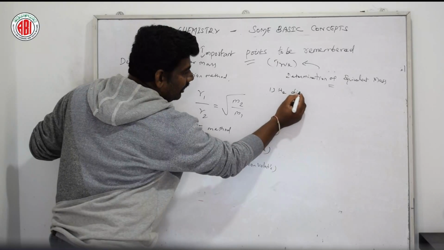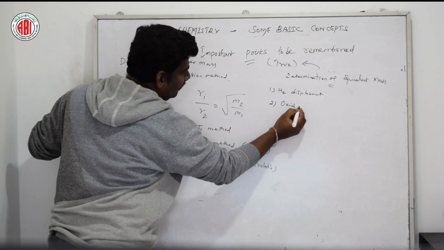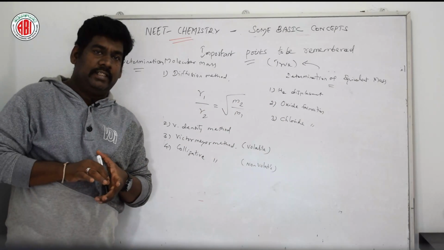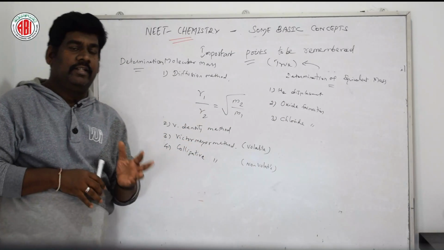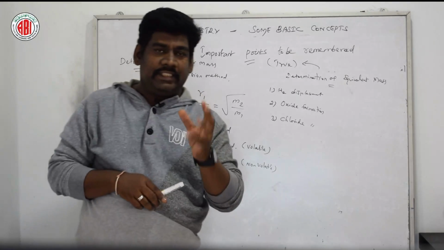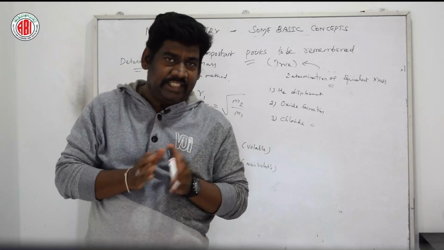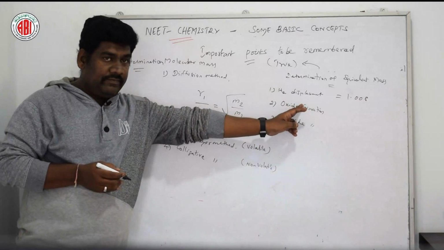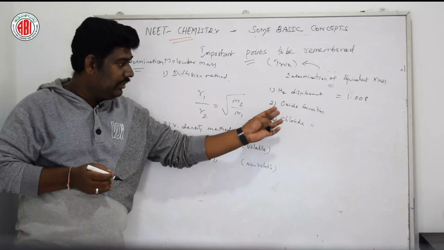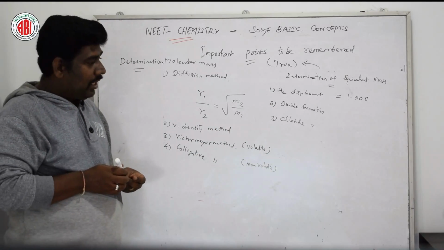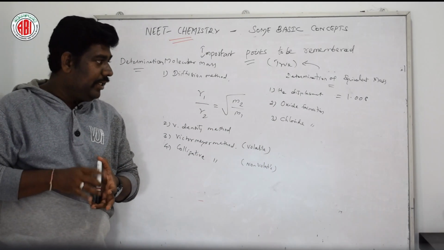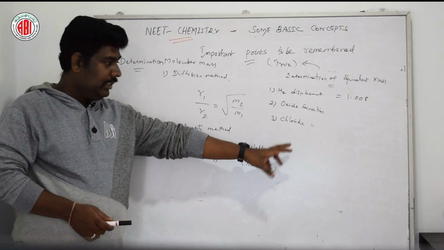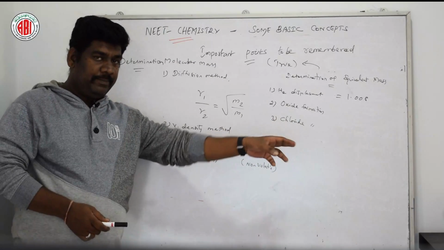In the hydrogen displacement method, we use the formula mass of the metal divided by mass of the hydrogen displaced, into 1.008. For oxide formation, mass of the metal by mass of oxygen into 8. For chloride formation, mass of the metal by mass of the chlorine into 35.5.